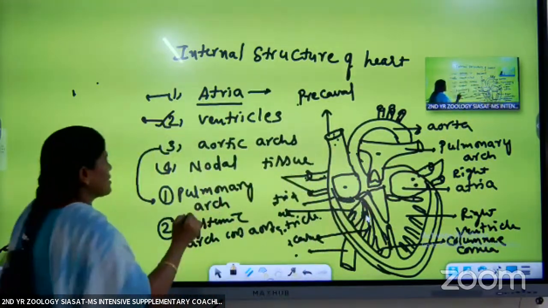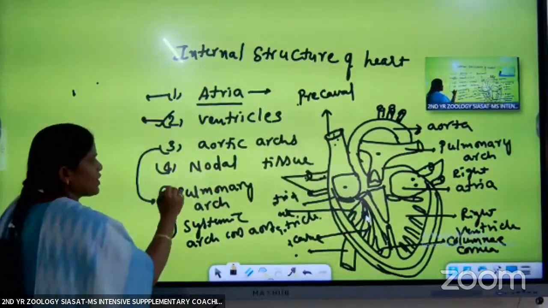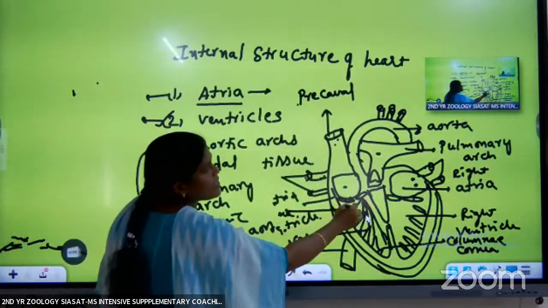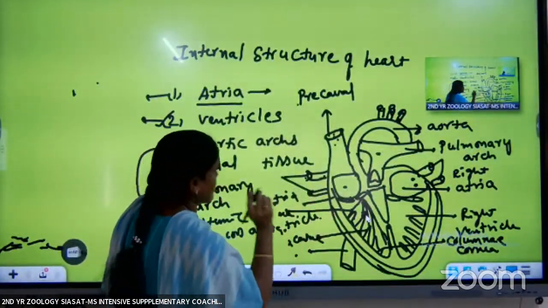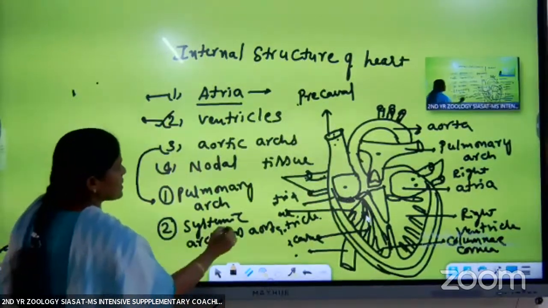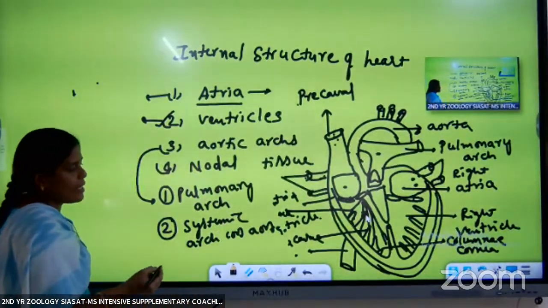Clear? Next, what is the function of the pulmonary arch? It pumps the deoxygenated blood to the lungs for oxygenation of the blood. Next one is the systemic arch, or aorta.